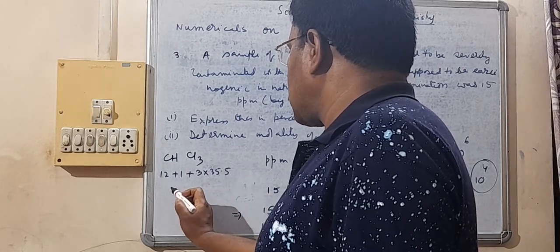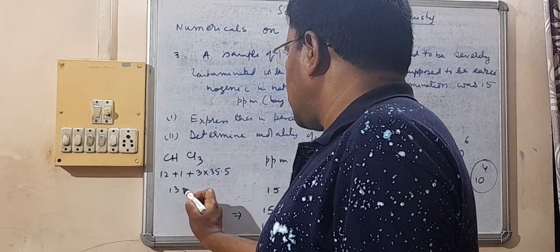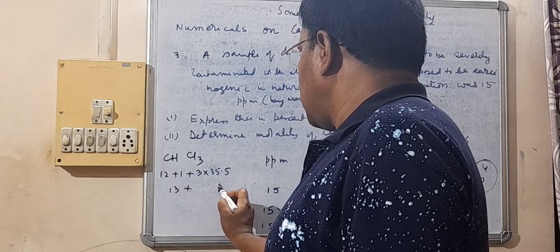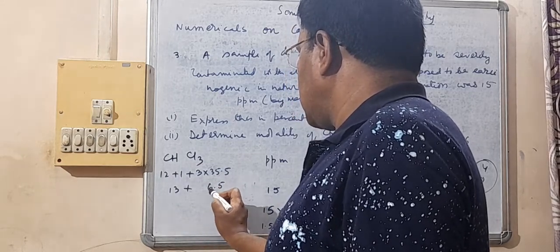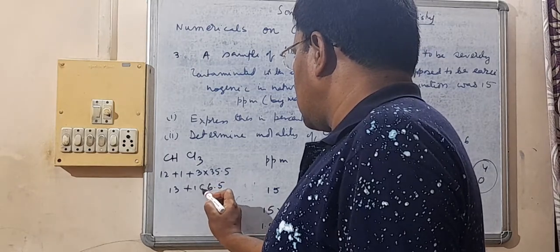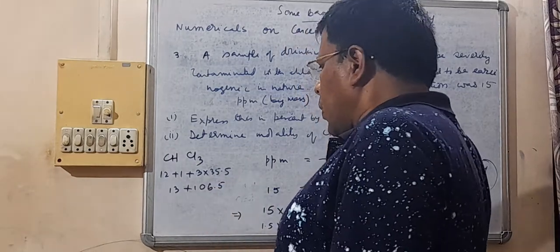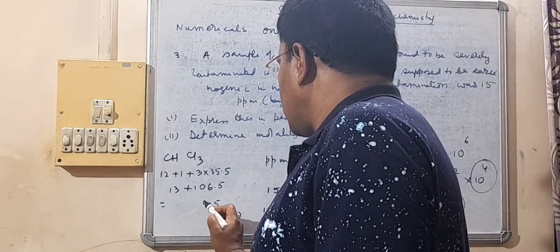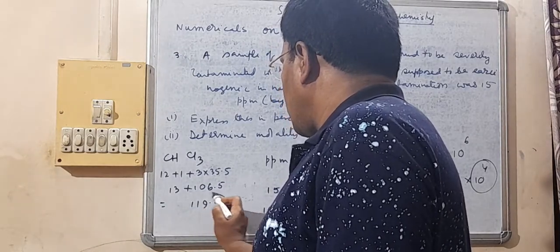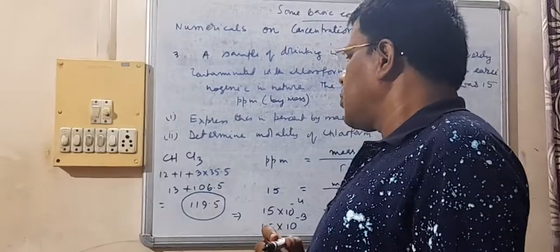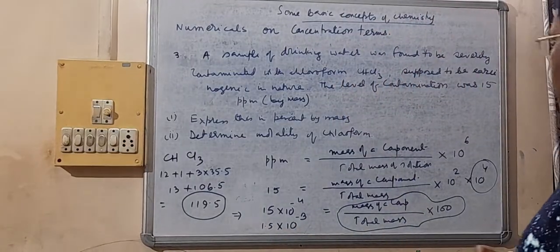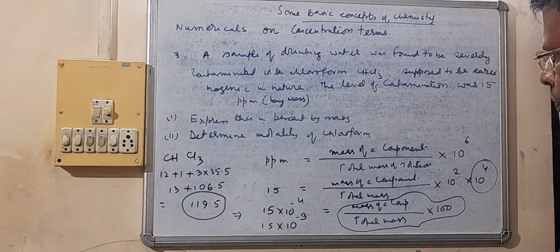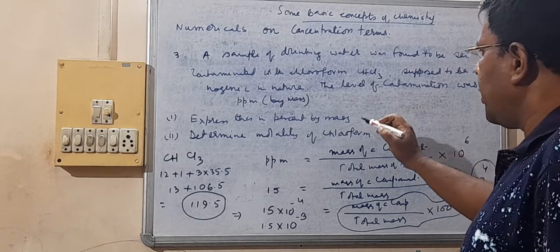Okay, so it comes with 13 plus 106.5, which is 119.5, suppose, is the molar mass coming. So what will be the molality?